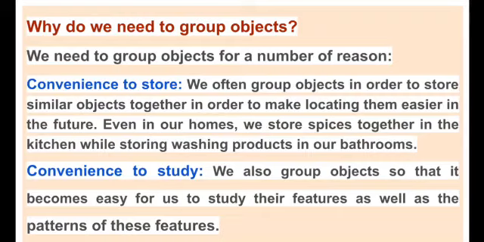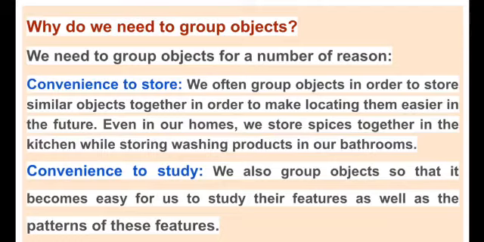Party wear clothes you will arrange on one shelf, regular clothes on one shelf, and woolen clothes on one shelf, because they are only used in the winter season. So it is very easy for you to pick out the desired cloth according to the need. Okay, so that's why it is very convenient for us to group, categorize and sort the things.